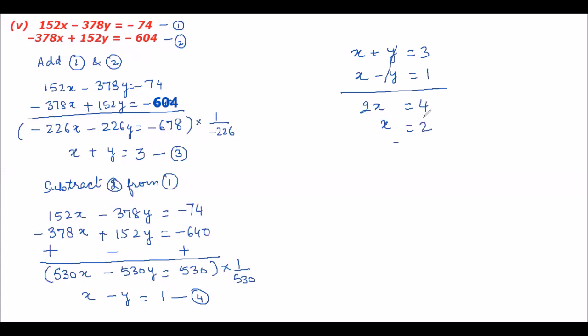Put this value of x in 3. So put x is equal to 2 in 3 and you will get 2 plus y is equal to 3, which implies y is equal to 1.